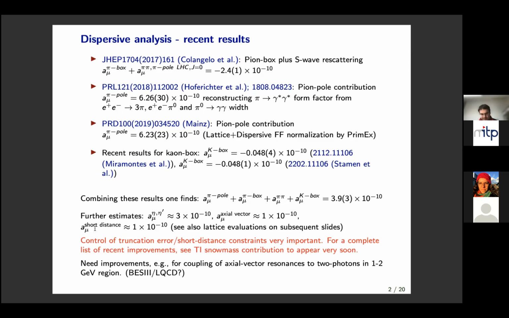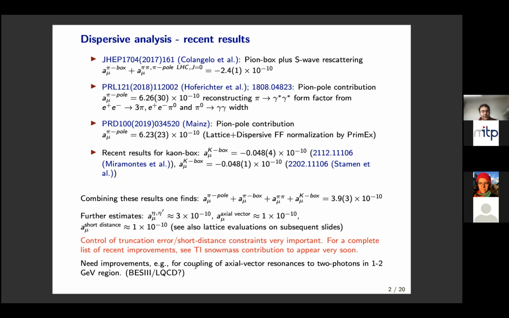Often it's summarized, for example in the white paper, as these short distance constraints, but there are also ideas that enter these estimates, like summing up Regge trajectories of many rows, and there are some models where you can do this, and then you can show that they would actually satisfy also the perturbative short distance constraints. At any rate, this is something to worry about in this approach, and something where continued research is going on.